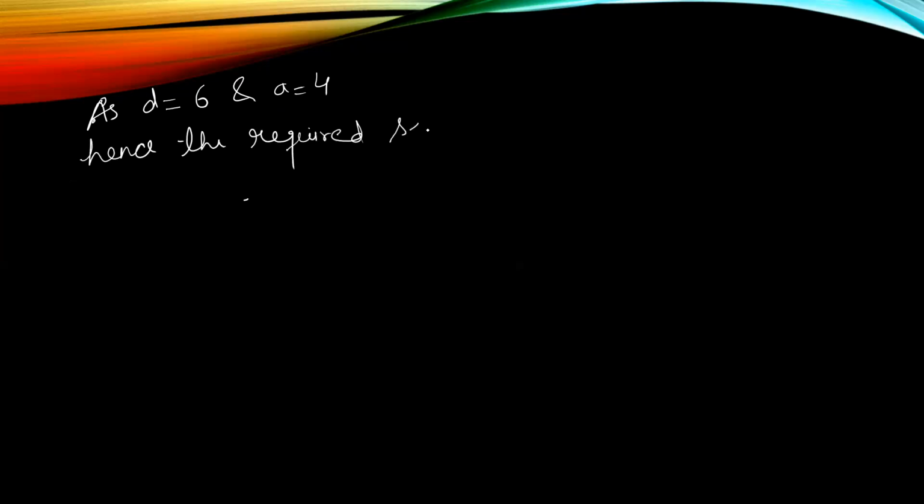So therefore, just start like this. As d is 6 and a is 4, hence the required sequence will be a, which is 4, comma, 4 plus 6, comma, 10 plus 6, and so on.